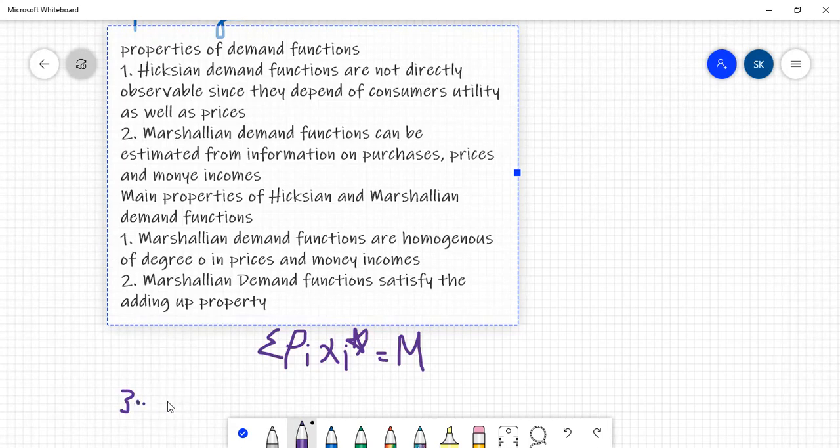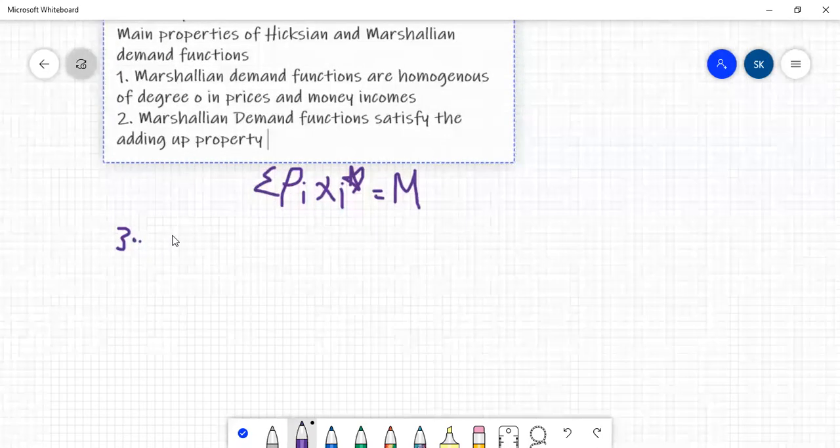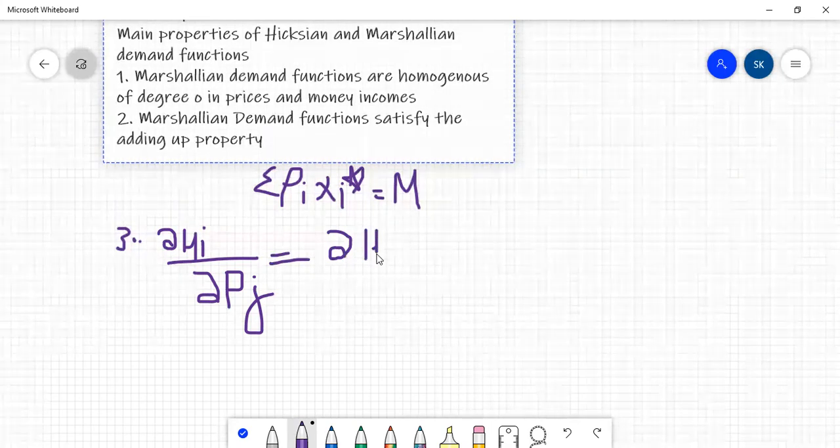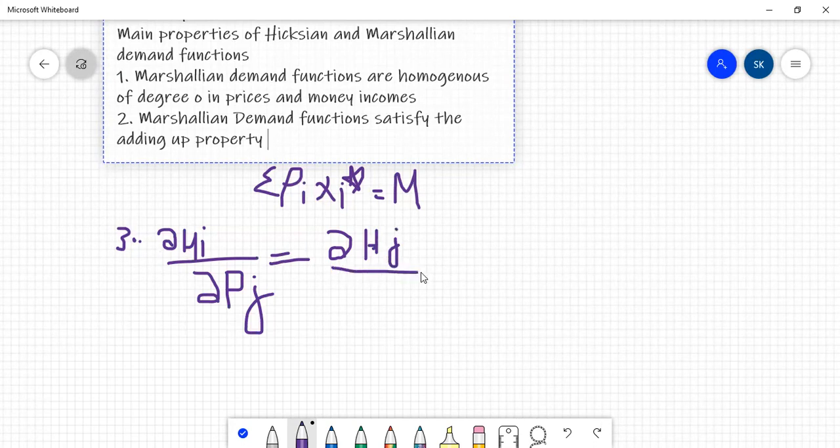When we talk about the Hicksian demand properties, we say that the derivatives are symmetric. That is, curly hi divided by curly pj is equal to curly hj upon curly pi. Got it? By symmetric, we mean that if we take the derivative of curly hi upon curly pj or curly hj upon curly pi, they are the same.